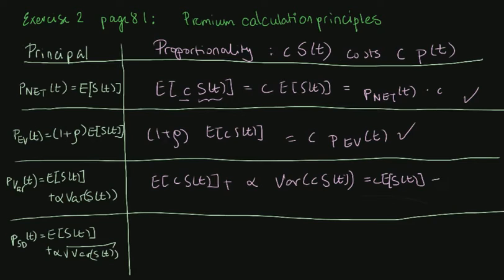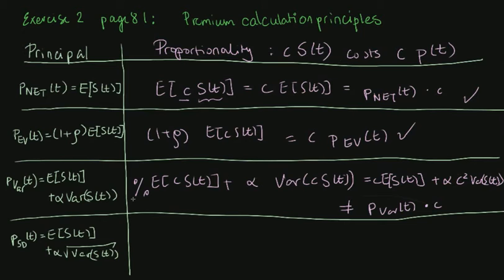I will get alpha multiplied by c squared multiplied by the variance of S of t, which is a problem because this is not equal to a scaled up version of the premium according to the variance principle, because for this to hold I would need a c instead of c squared here. So the variance principle does not satisfy proportionality.